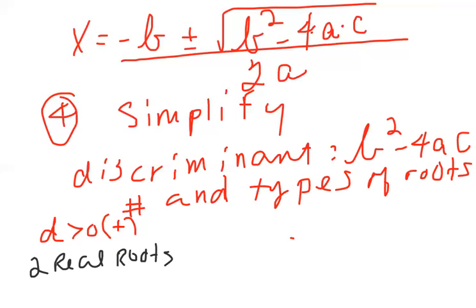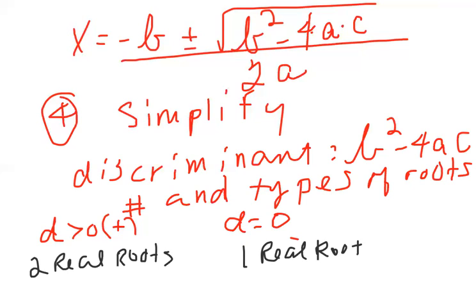Now, if you calculate the discriminant and it turns out to be exactly 0, this will lead to 1 real root, as in it's going to intersect the x-axis once if you were to graph the quadratic.